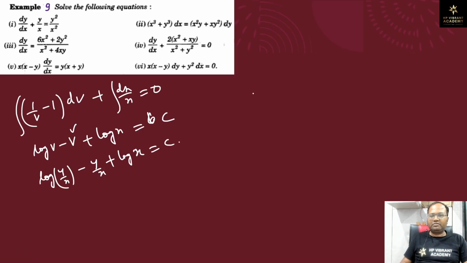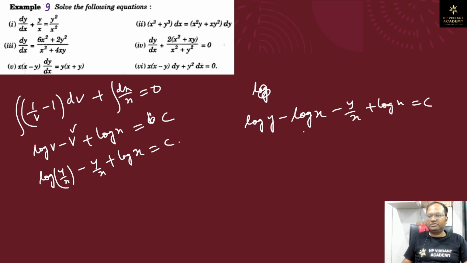So this is log of y minus log of x minus y upon x plus log of x is equal to c. This cancels.